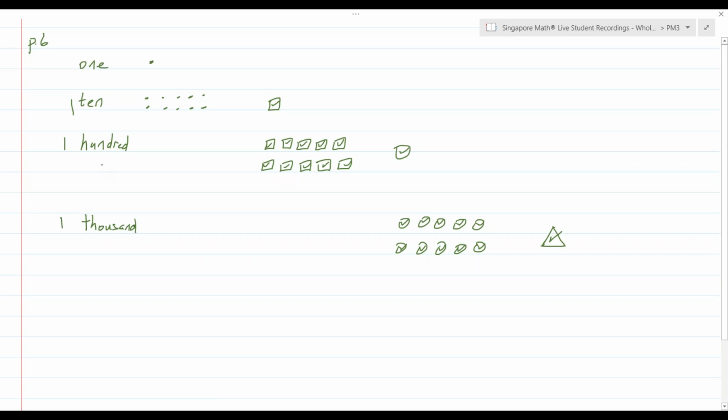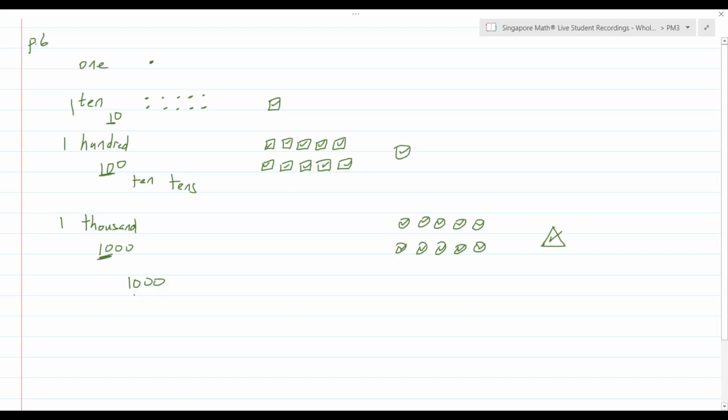Now I like to point out the fact that the number 100 is written like this, and this number is 10 tens. 1,000 is written like this, that is 10 hundreds.